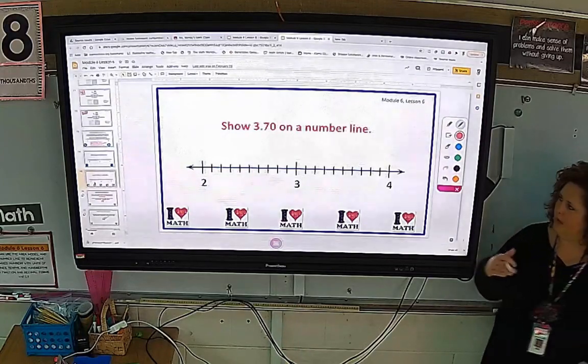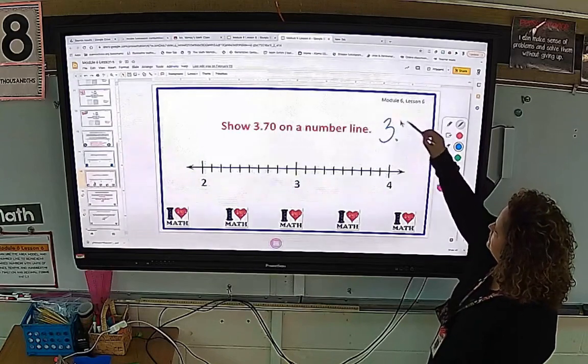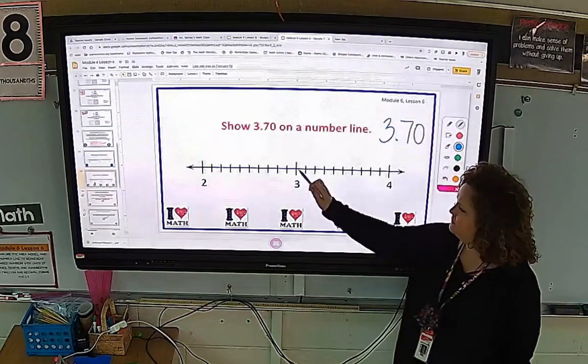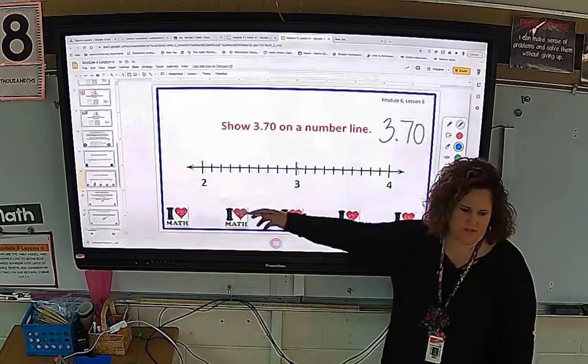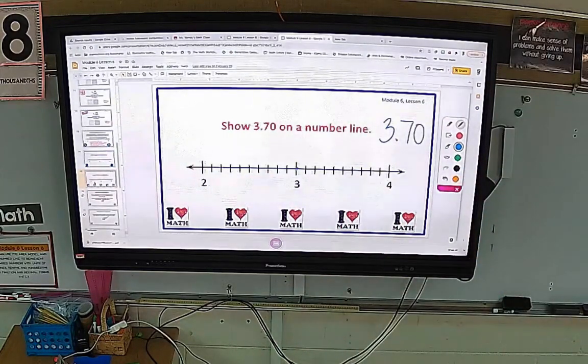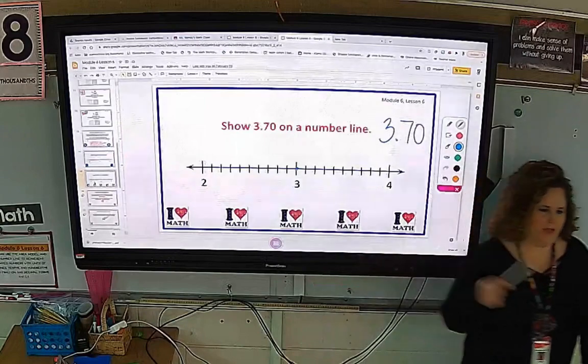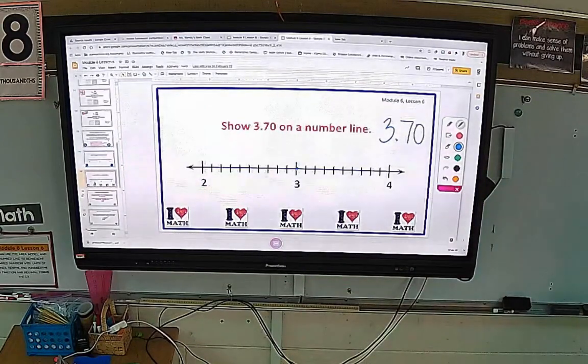Okay, so Martin, how would you start this? 3.70, how would you start this? Go to the 3. I'm sorry, I didn't give you a chance to, if you didn't erase your whole numbers, great. If you did, then put it back real quick. Go to the 3, and then what are we going to do past the 3?